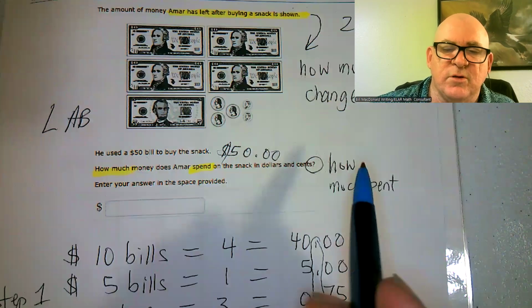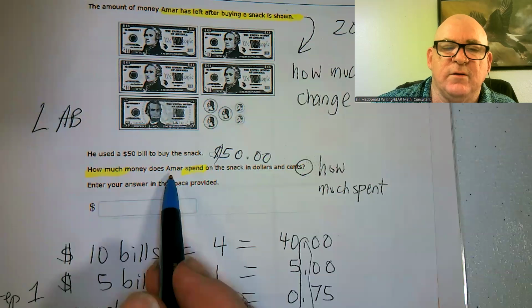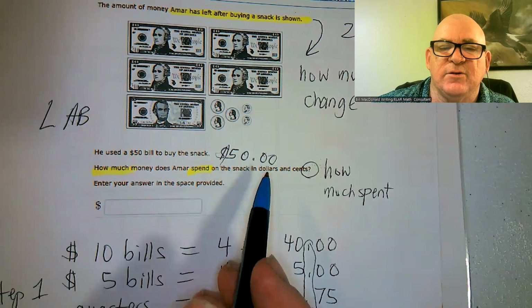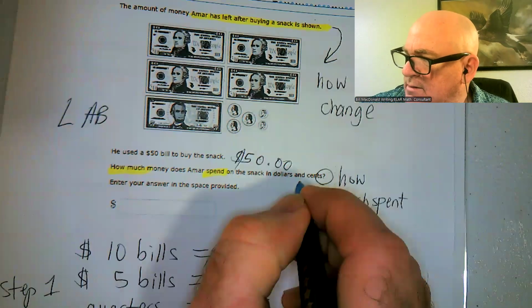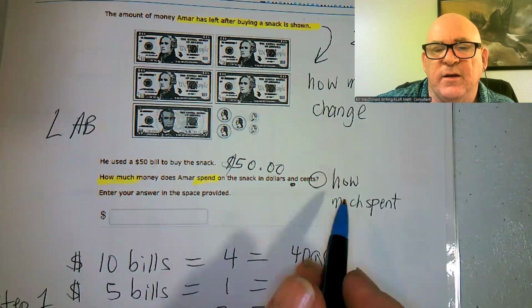So question with a question mark: how much money does Omar spend on the snacks in dollars and cents? So, and is a decimal in this situation, and most of the time in money.